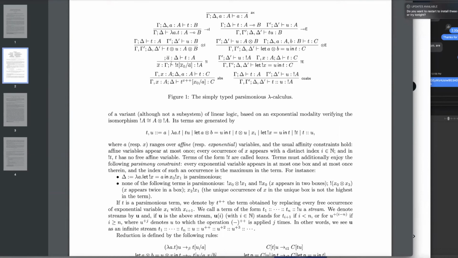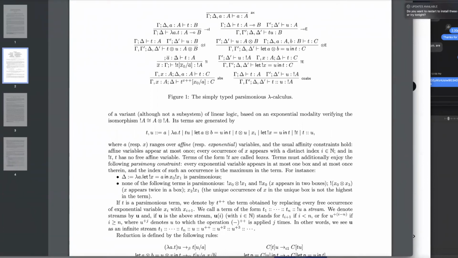So it looks like we have an empty gamma. We don't have a gamma. And then it looks like A is going to be a vector of types. Yeah, I think the bar means a vector.